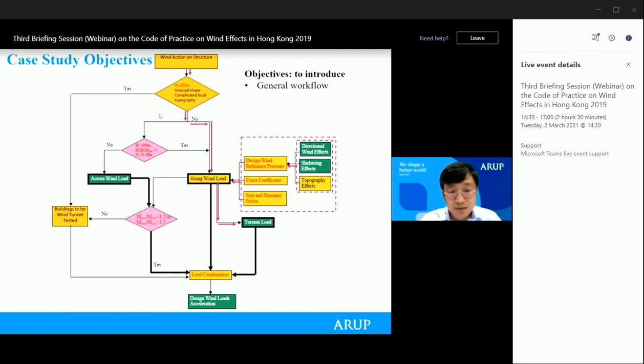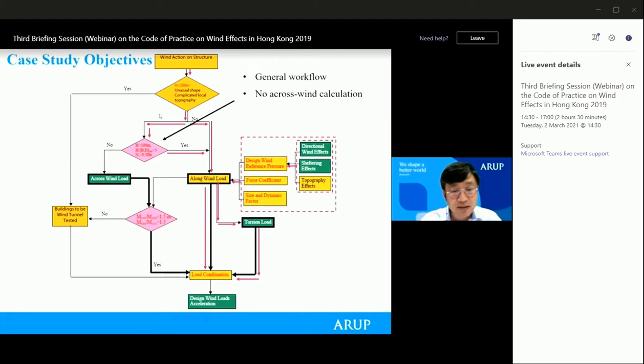And then after that, we need to make a judgment whether the crosswind effect is significant or not. After considering crosswind, we can calculate the torsional load, along wind load, and crosswind load. Then we do the load combination.